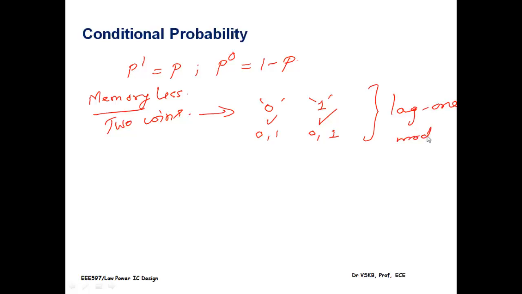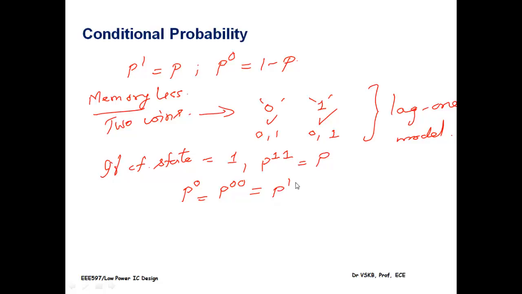And in this model, if the current state is 1, then the probability of the current state being 1 switching over to the next state being 1 also is P. And similarly, if the current state is 0, the next state could either be 0 only, or the 0 state could have been reached from the current state being 1 and going to the next state being 0.